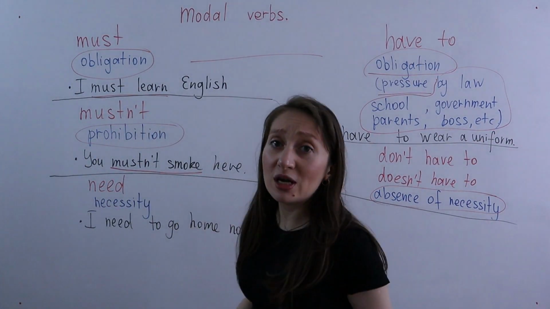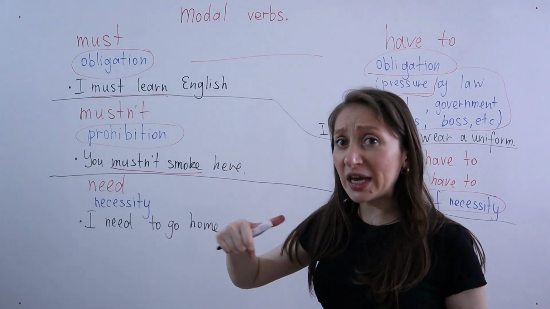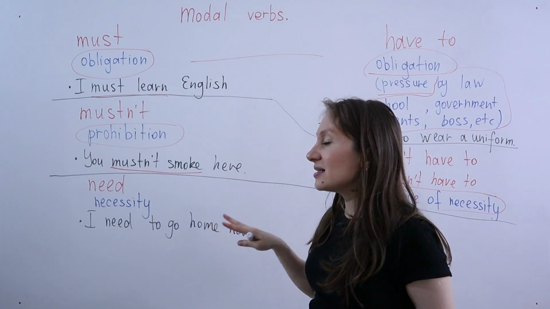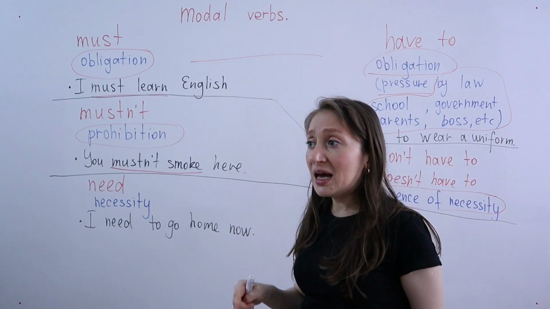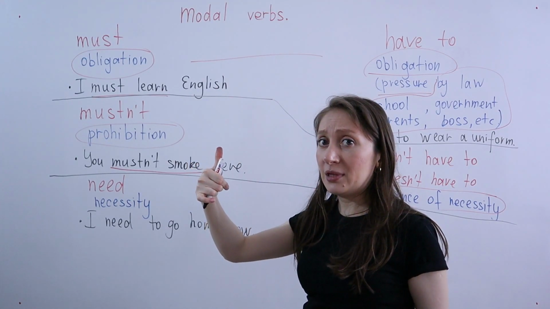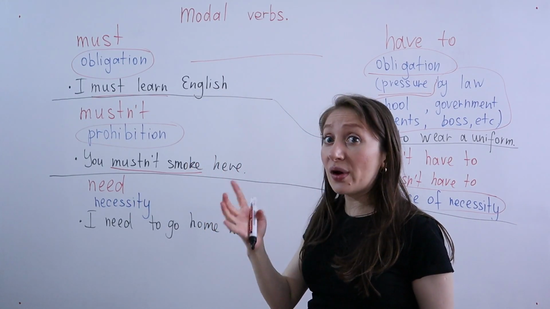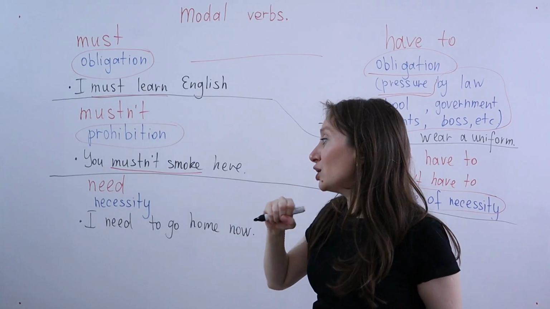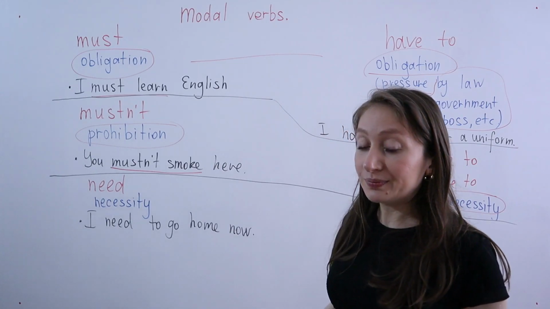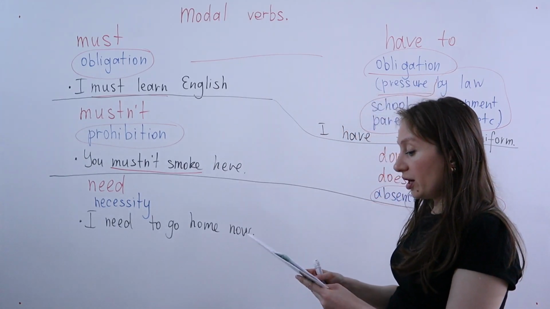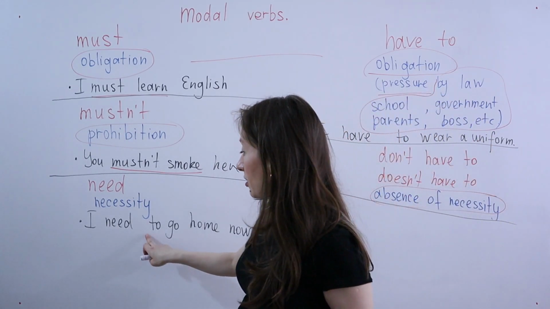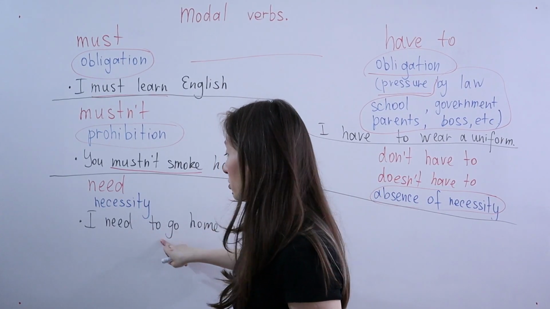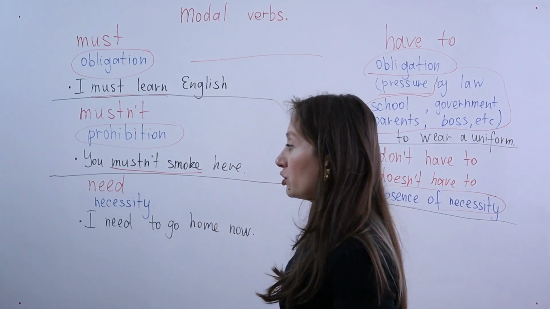I need to go home now because my mom is waiting for me. So this is necessity. I need to do it. I need to call him. I need to buy some bread. It's necessary for me, right? I need to do something. So here you use actually the preposition to. So I need to go.